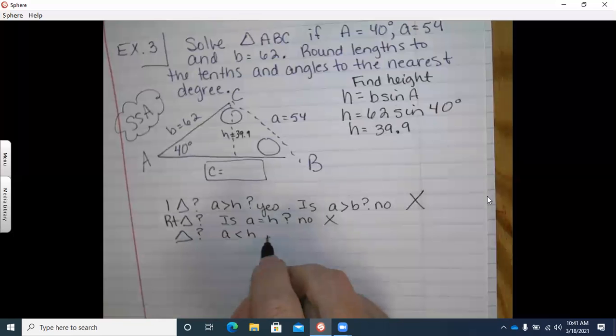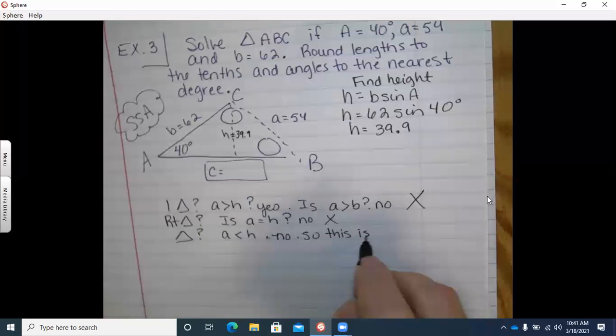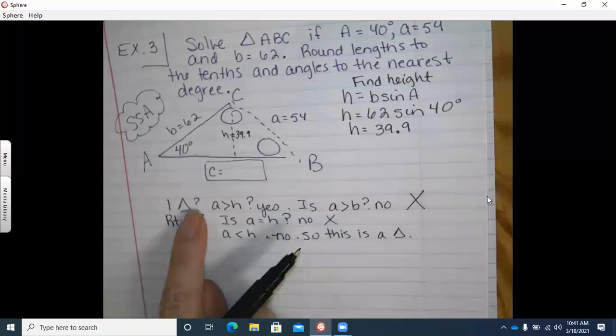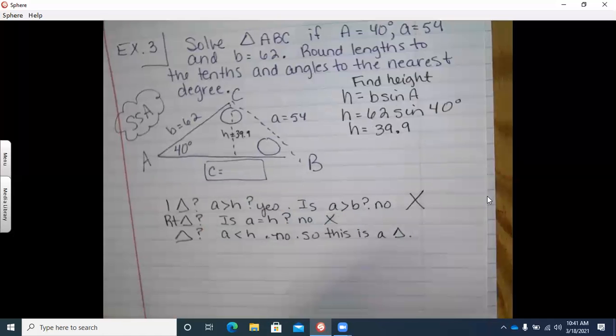So I'm going to say no, a is not less than h, so this is a triangle. It's not a right triangle. It can't just be any old regular triangle because a is greater than h, yes, but a was not greater than b. So it's probably going to be two triangles.